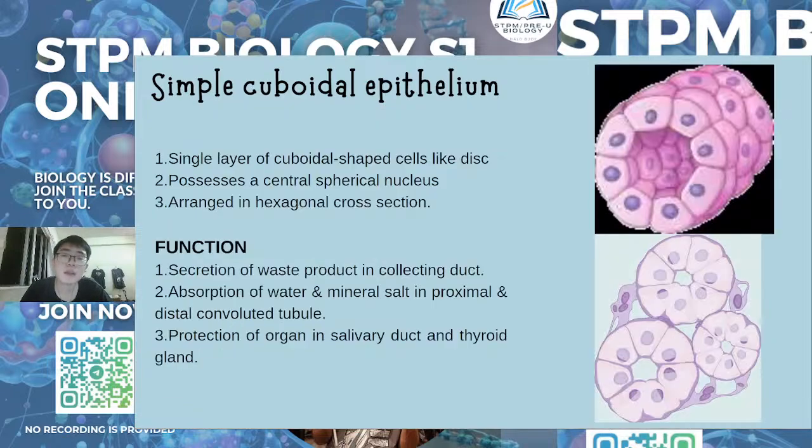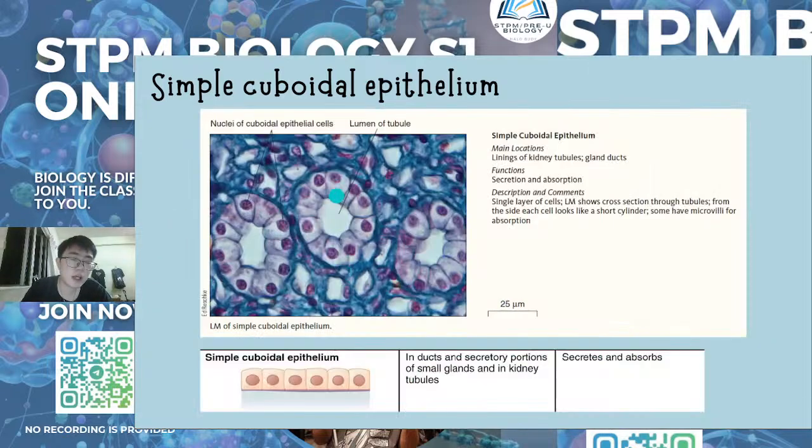Okay, this is the structure that you will see under the light microscope for the simple cuboidal epithelium tissue. Normally this is just for you to see the structure. I already mentioned that it is normally arranged in this shape, and it also contains the lumen here.